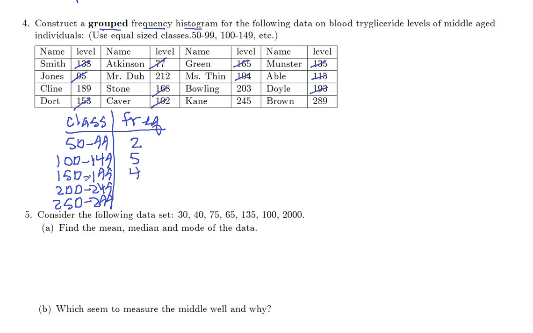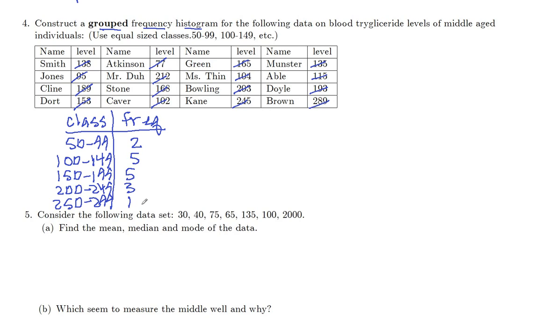So 4 there. 200 to 249. Oh, 5, right? Got another one that I missed. 189. And then 200 to 249, 1, 2, 3. And then 250 to 299 is that last one, 289.